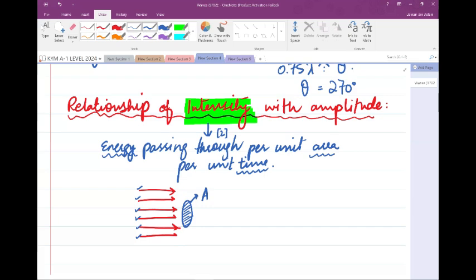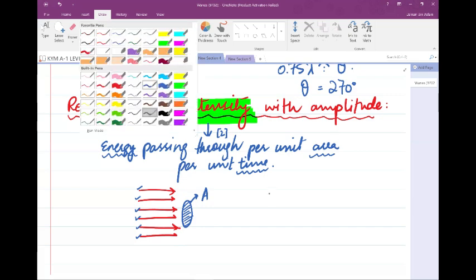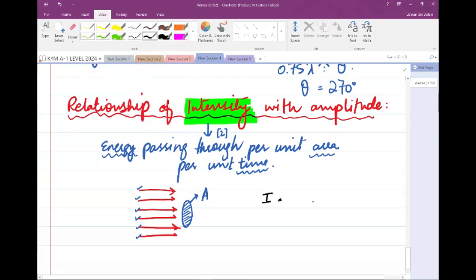We can express this as a mathematical formula. Intensity equals energy divided by area and then divided by time. Energy over area over time. If I use the symbols, for energy I use capital E, for area a capital A, and for time interval a small t.